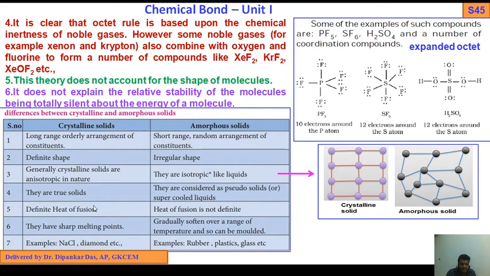Definite heat of fusion for crystalline; heat of fusion is not definite for amorphous. Crystalline solids have sharp melting points; amorphous solids gradually soften over a range of temperature and so can be molded. Examples: NaCl, diamond, etc. are crystalline solids. Here examples are rubbers, plastic, glass, etc. So these are the examples of amorphous solids. So this is the basic difference between crystalline solids and amorphous solids.